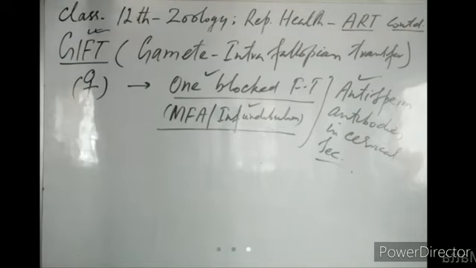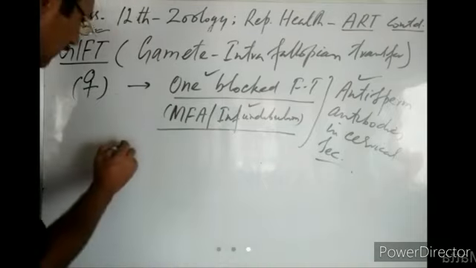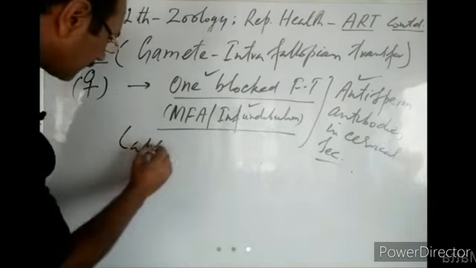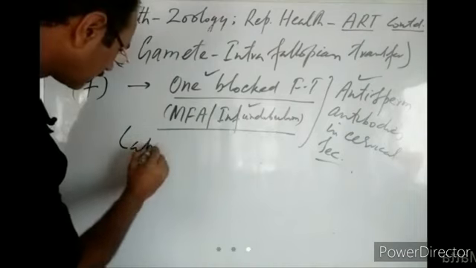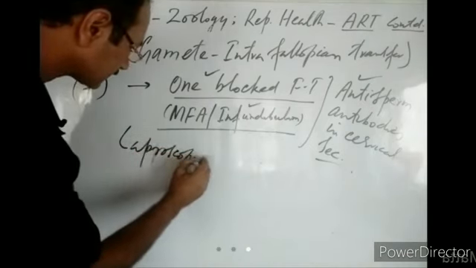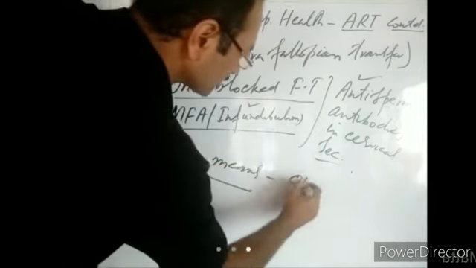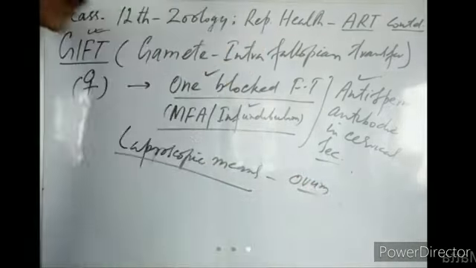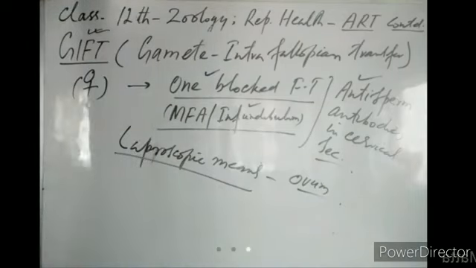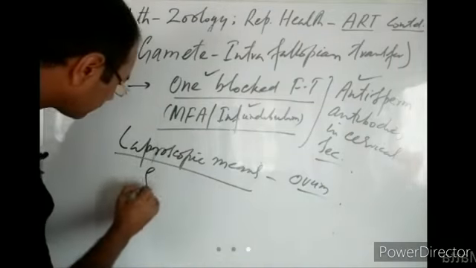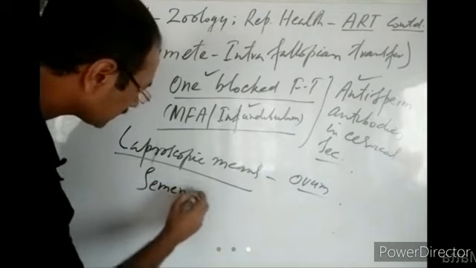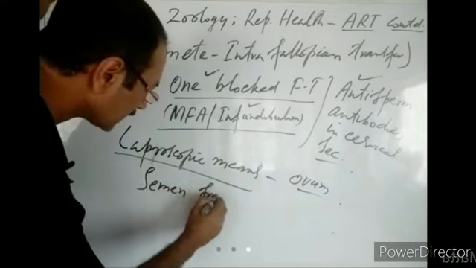So what is done in this technique? By laparoscopic means, ovum is collected from such a female, and semen from her husband is also collected.